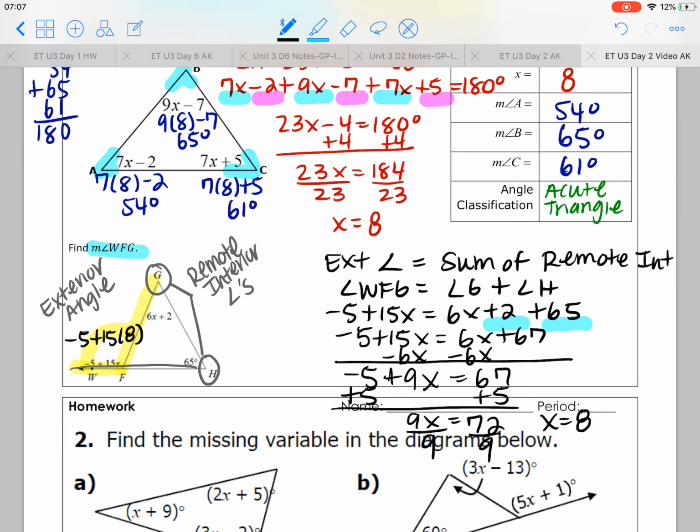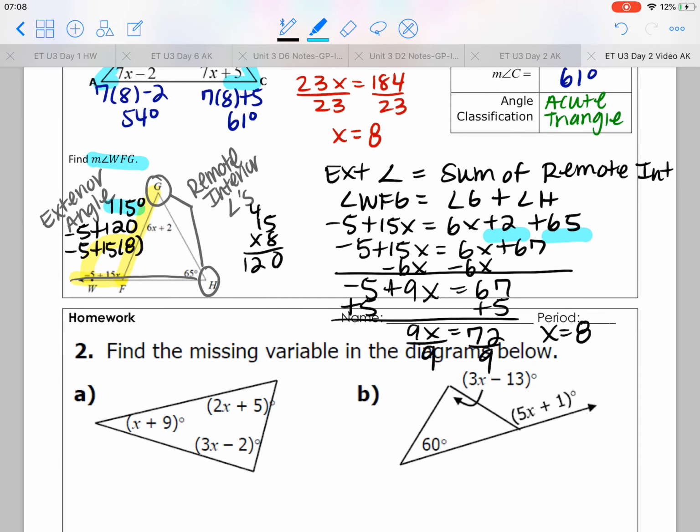So 15 times 8 is 120. So -5 plus 120 would give me 115 degrees. So that is my final answer.